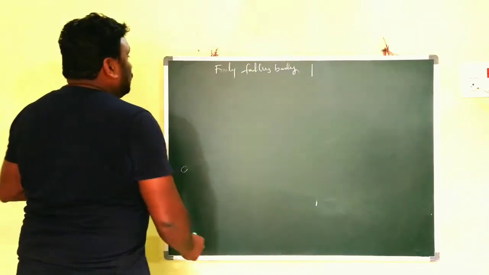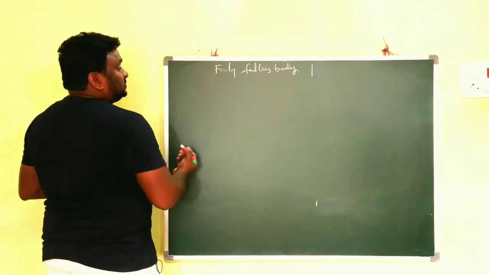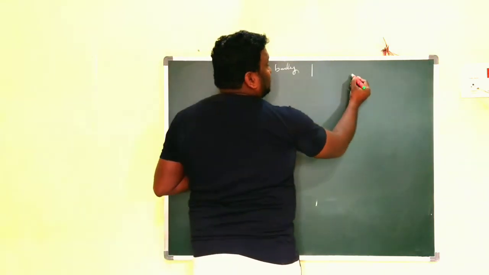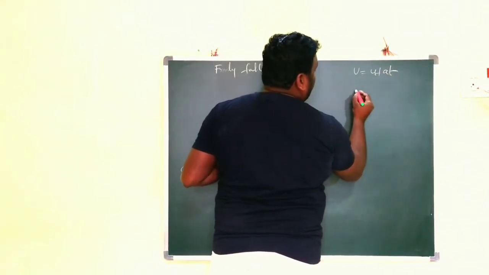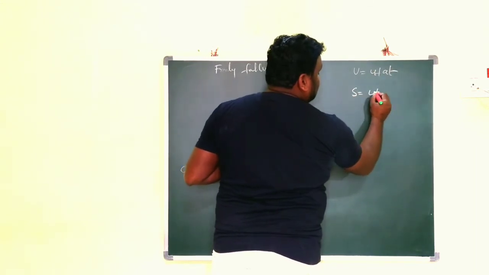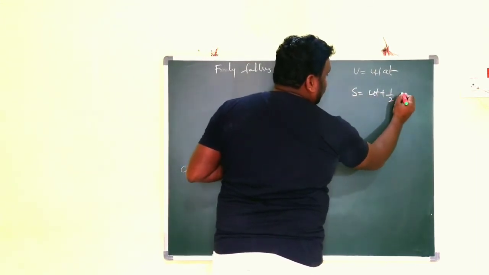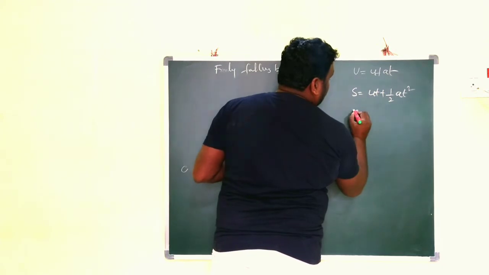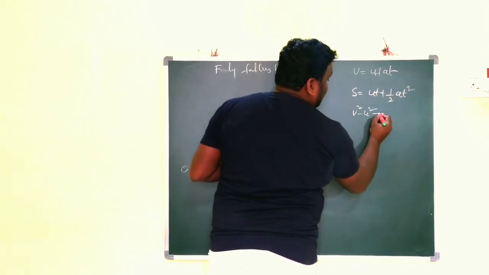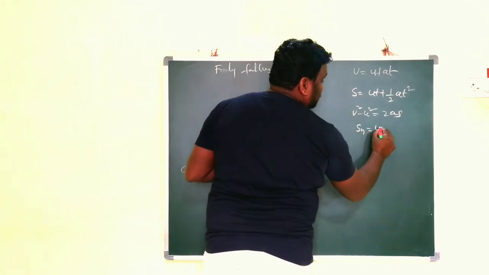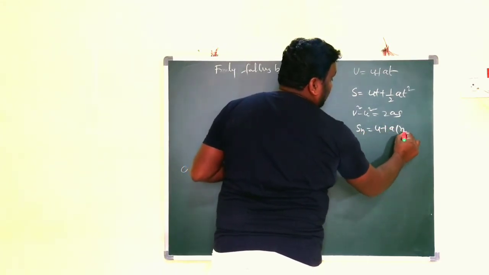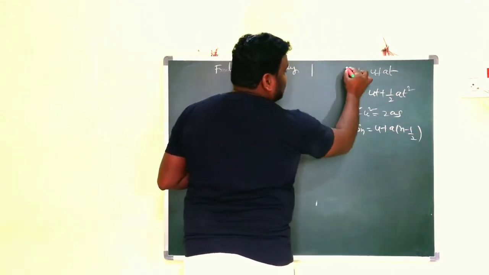So children, for a freely falling body, we already have the equations. They are: v = u + at, s = ut + (1/2)at², the third one is v² − u² = 2as, and s_n = u + a(n − 1/2).